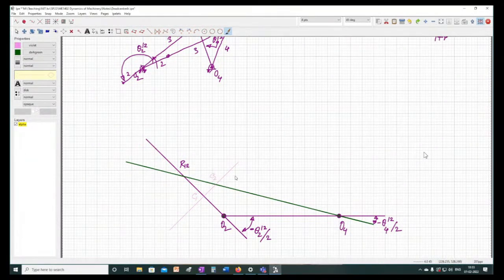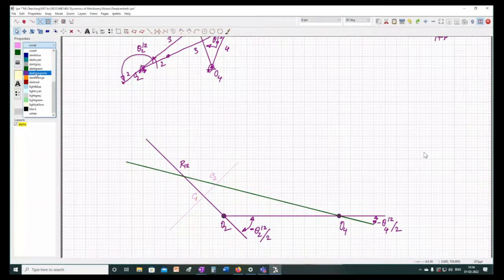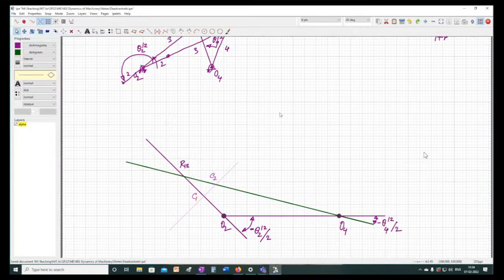Okay. Can I make it a little bit darker? Let us give this color. Okay, so C1, C2 we obtained. This point is C1, this point is C2. Now we will draw two circles using these points C1 and C2.